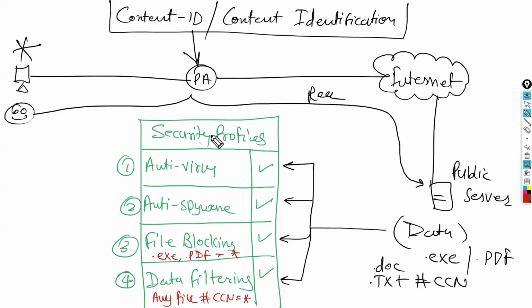So these security profiles like antivirus, anti-spyware, file blocking, and data filtering will be used to filter your data, whatever you are trying to download from the internet or upload.